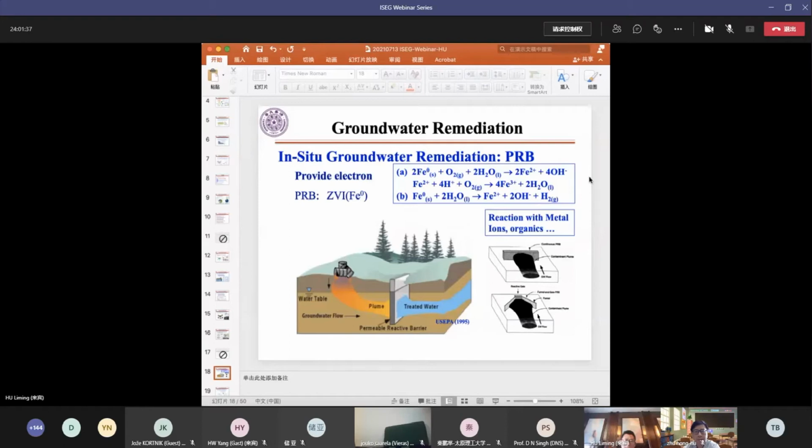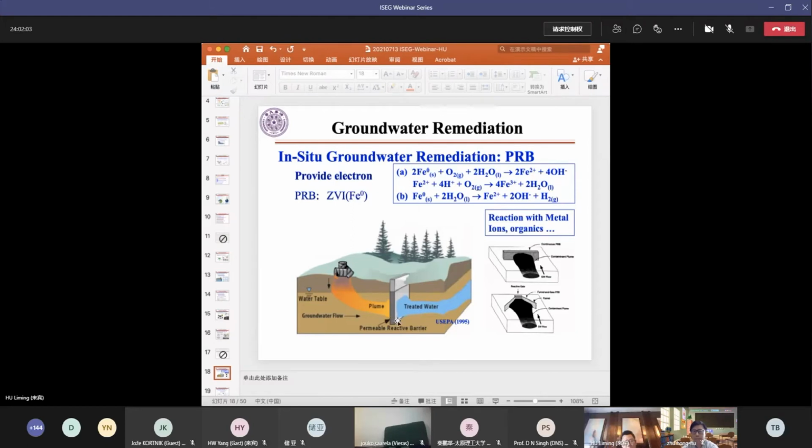Another technology is the permeable reactive barrier. That means we can build up a wall, but this kind of wall is very permeable, and the contaminated groundwater flows through this wall and contacts with the wall material, and the water can be cleaned up.